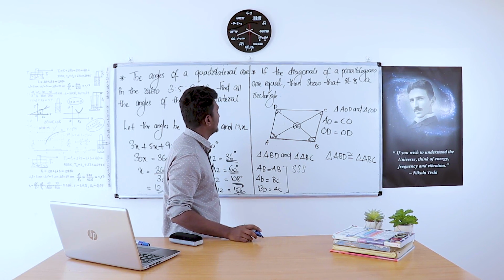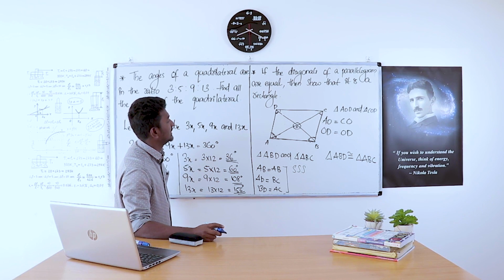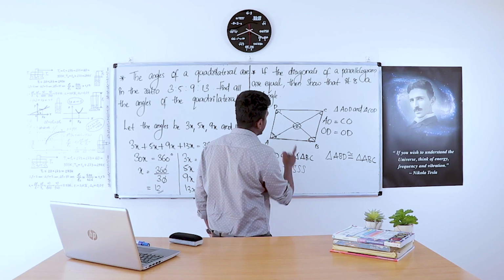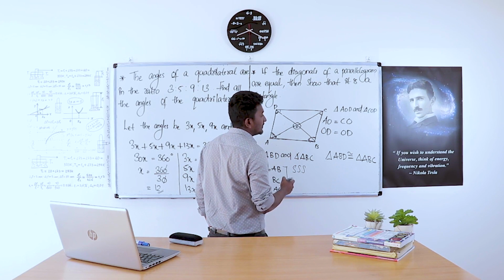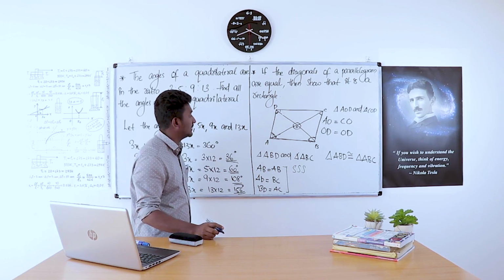Then we know that for a parallelogram, opposite sides are equal and opposite angles are equal. Then the sum of the angles should be 180 degrees and these two angles are equal.